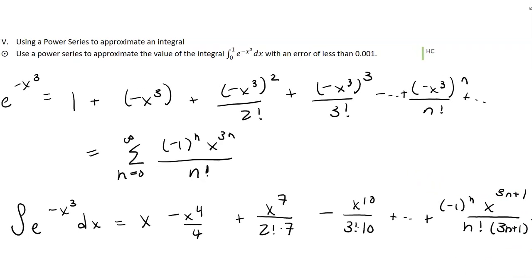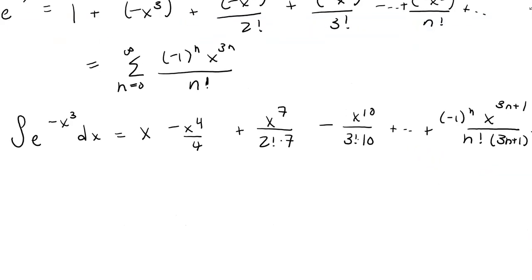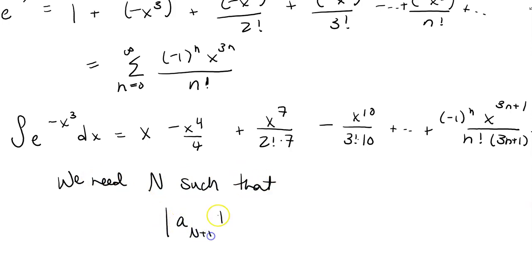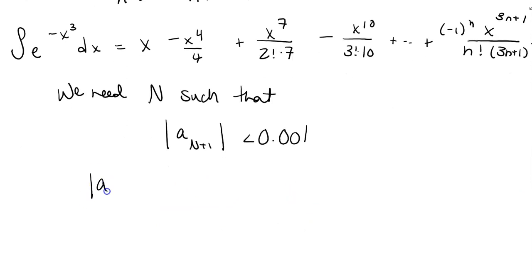Okay, we need a capital N such that the absolute value of a sub capital N plus 1 is less than 0.001. So let's calculate that absolute value of a sub n plus 1. That will be negative 1 to the n plus 1.